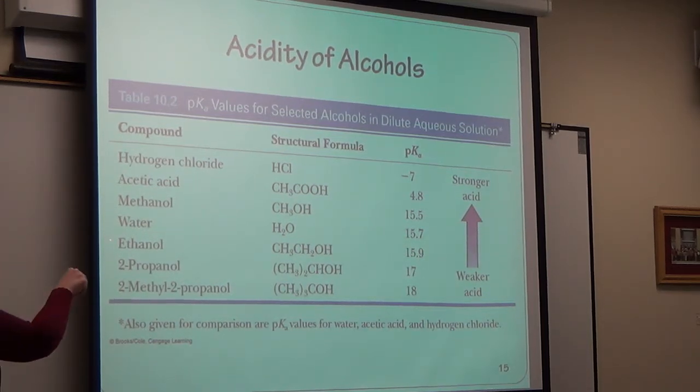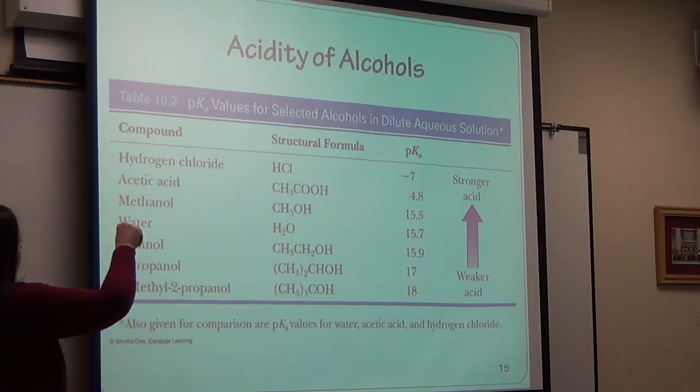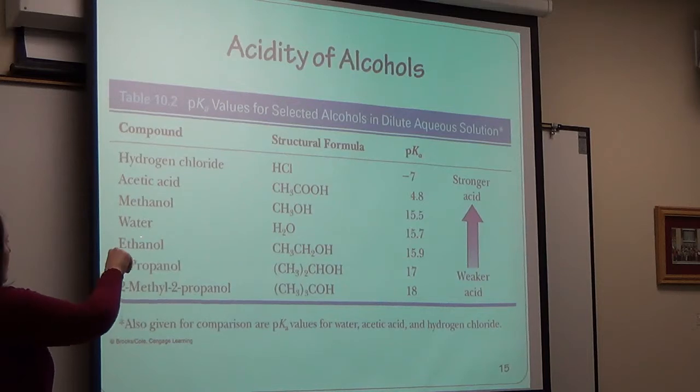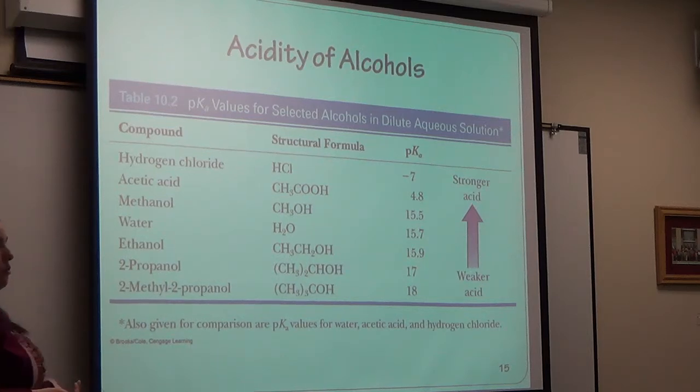But you can see the alcohols, methanol, ethanol, water, they're all right there in that middle neutral area. So acetic acid and hydrogen chloride, HCl, strong acids, and then you can have more basic. These aren't really considered basic, but it would be something like 35 or higher on the scale.